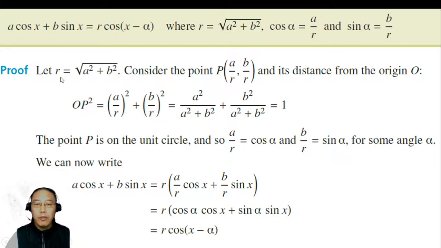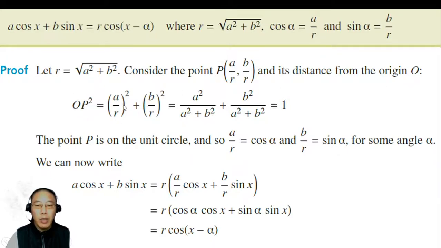To do the proofing, first we define the radius, and then we consider a point P that we define as having the respective coordinates a and b, but they're all divided by R. Following that, we define the distance from the origin, so we use Pythagoras' theorem.